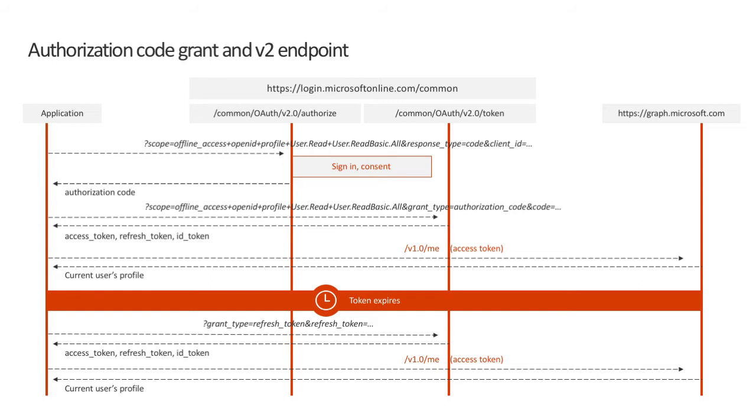The good thing, though, is that this is what the Microsoft Authentication Library is going to do for you. There's no action for you to do as a developer to manage the refresh token. You can create a custom cache for persistence, but the Microsoft Authentication Library is going to manage the actual token lifetime. However, it is important, as I've shown here, to understand what this library is doing on your behalf.